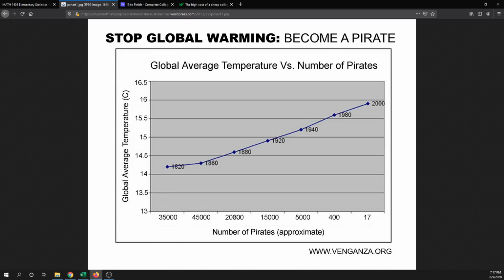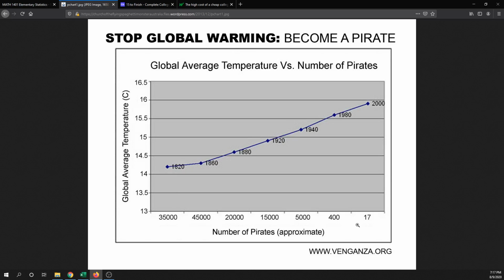As we go down, the number of pirates is dropping. In the year 2000, there were only 17 pirates, and the global average temperature was a little more than 2 degrees higher than it was in 1820.